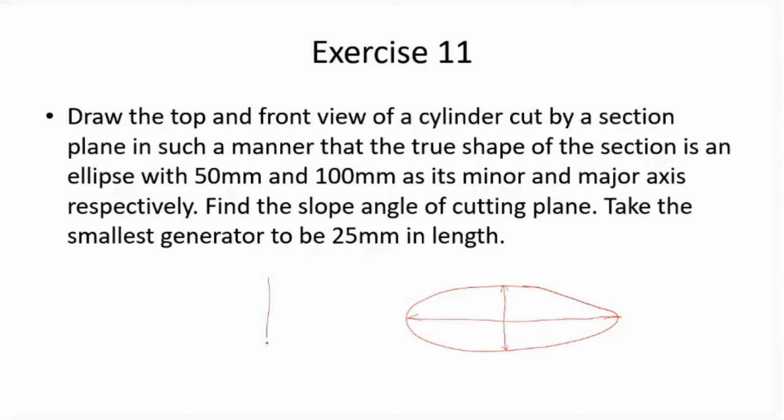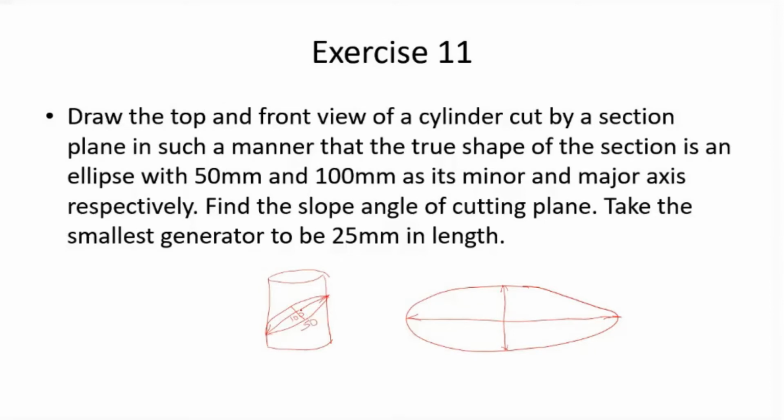When a cylinder is cut by a plane in such a way that we must get the major axis as 100 millimeter, then this length should be 100 millimeter. That is obvious, we have already done something like this. So this should be 100, and whatever is perpendicular to this should be 50.